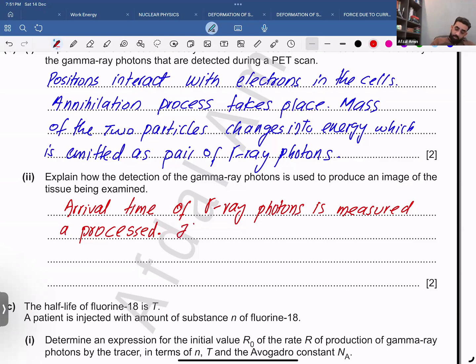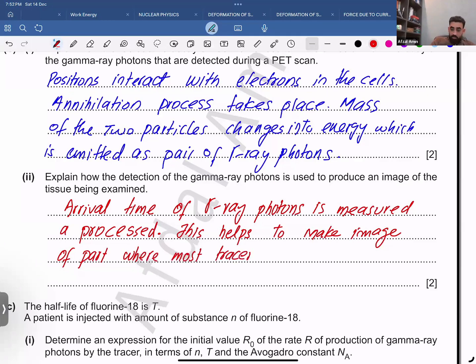So this helps to make an image of the part where most tracer is absorbed or built up.